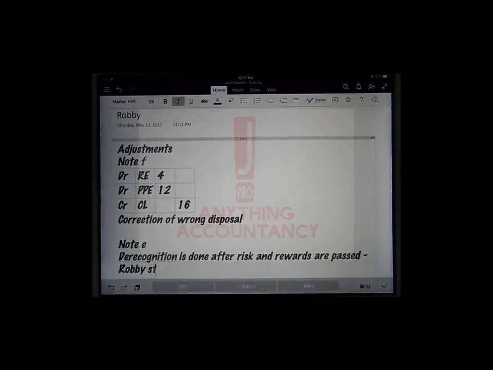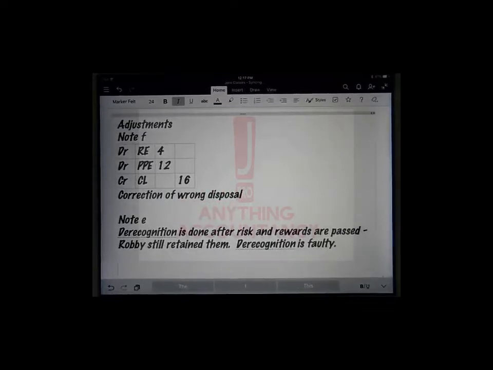Robby still retained them. Does that make sense?